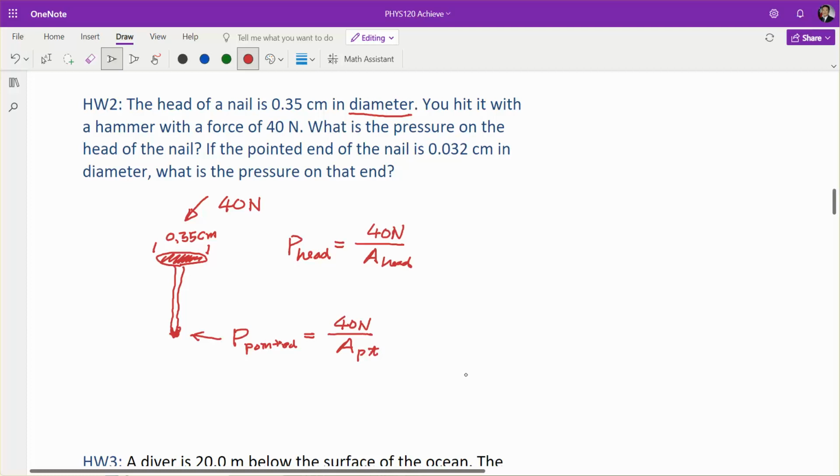And that has a diameter of 0.032, which is much smaller than this. Then you can find the pressure at that point. Now be careful, you might need to do a unit conversion because this is in centimeters, so you have to convert centimeters into meters, so then your pressure will be in Pascal because it's Newton divided by meter squared. This will also be Pascal as well.